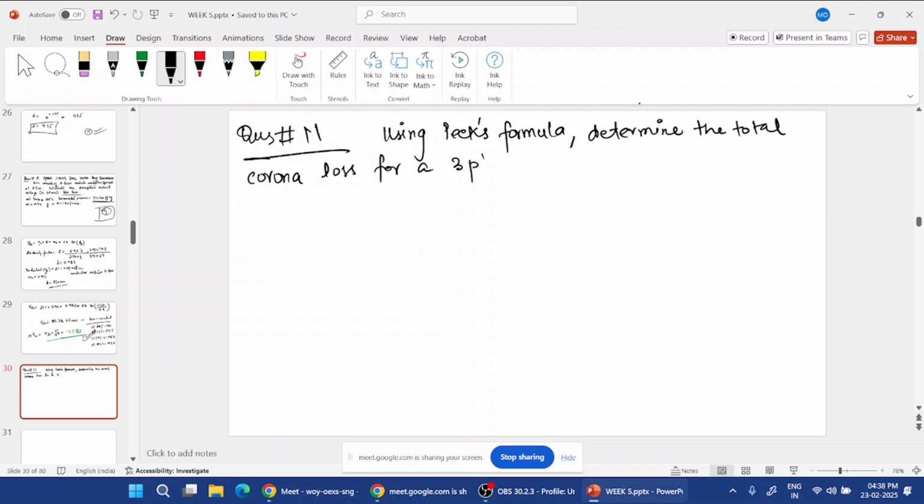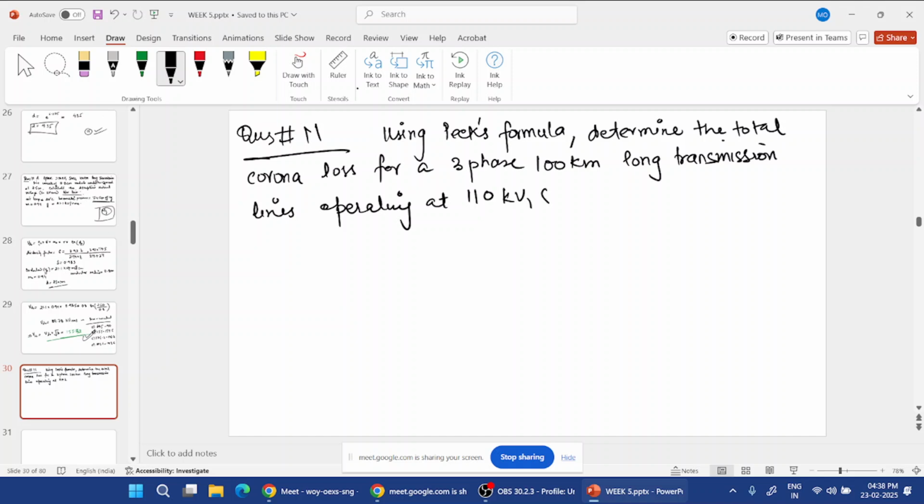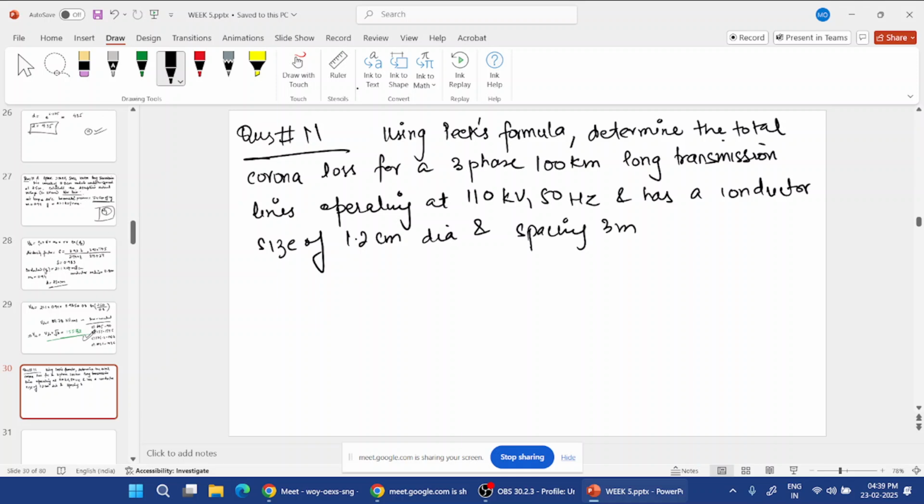for a three-phase 100 kilometer long transmission line operating at 110 kV, 50 hertz, and has a conductor size of 1.2 centimeter diameter and spacing of 3 meter.